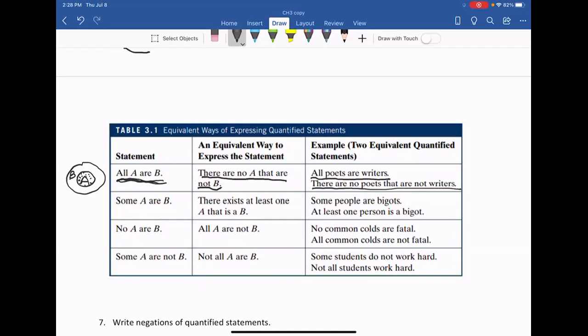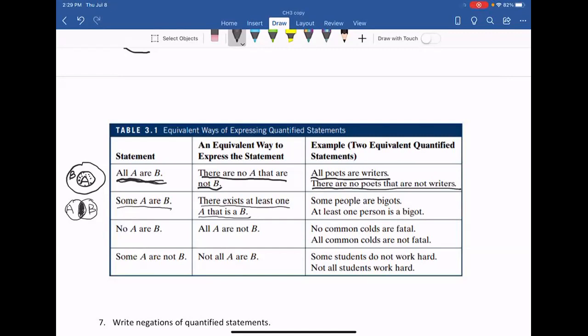Next example. Some A are B. What's the meaning of this? Looking at the diagram with A and B, some of A are B. The equivalent way is there exists at least one A that is a B. That means in the intersection part, there is at least one element.